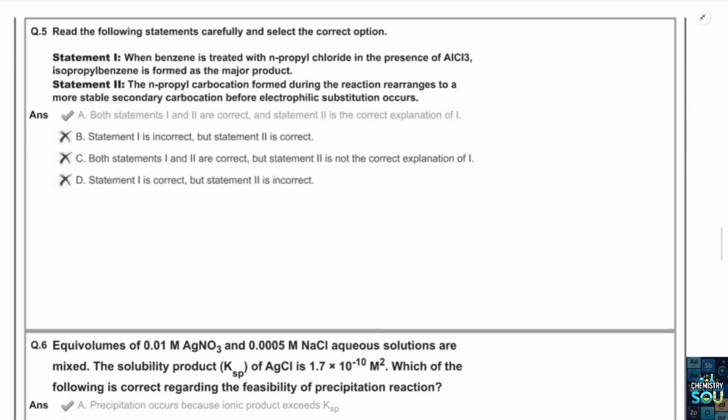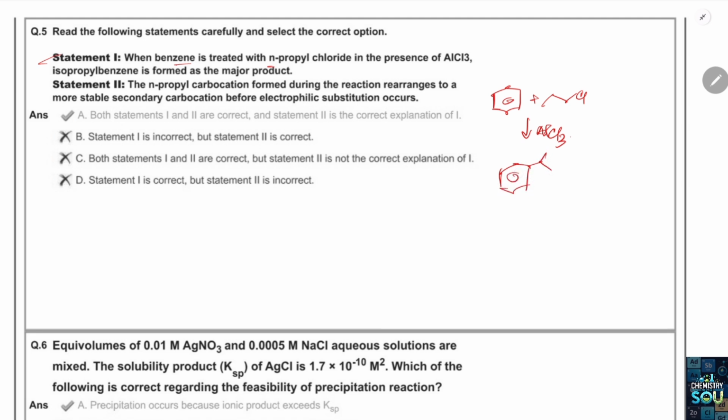In question number 5, read the following statements carefully and select the correct option. Statement 1: when benzene is treated with n-propyl chloride in the presence of AlCl3, isopropyl benzene is formed as the major product.